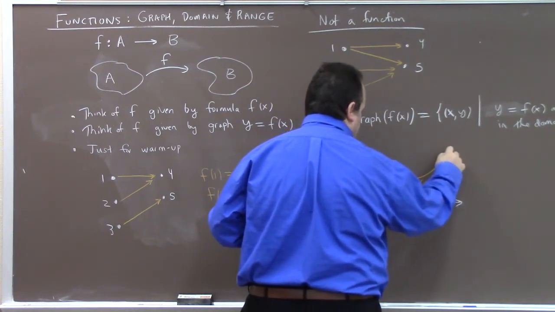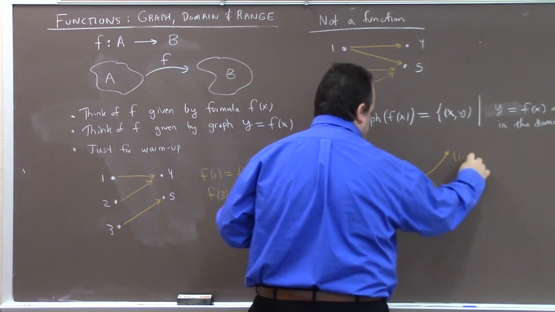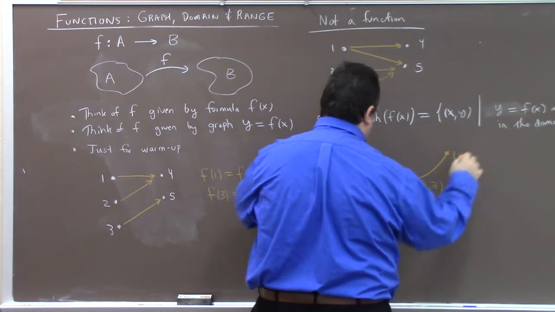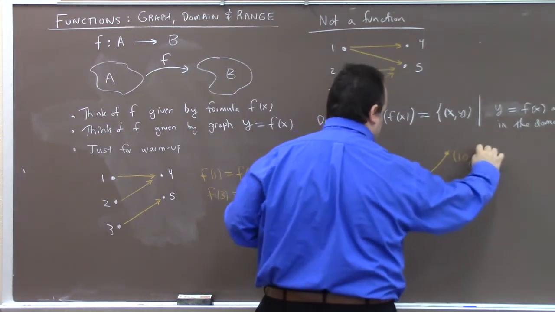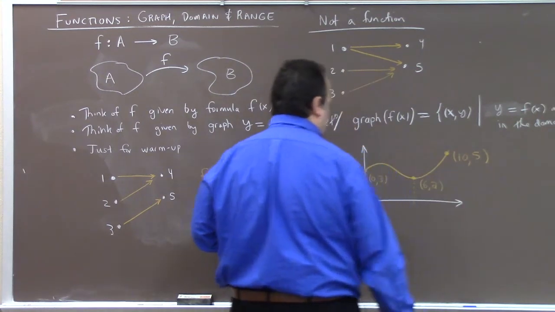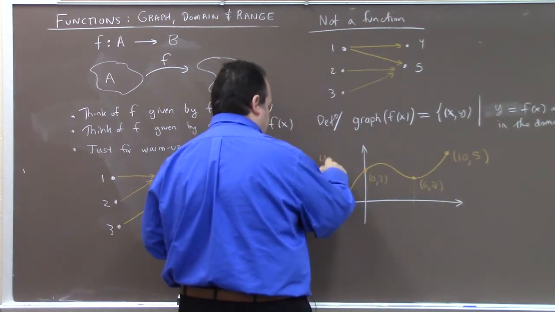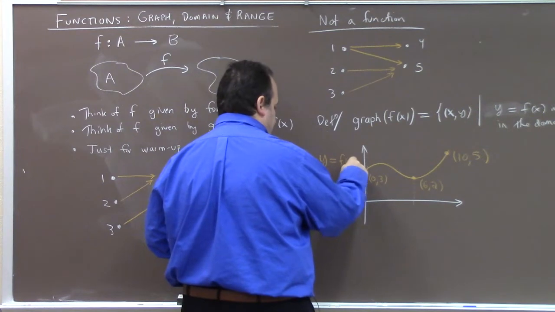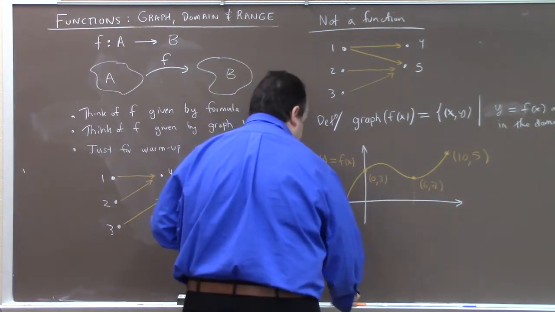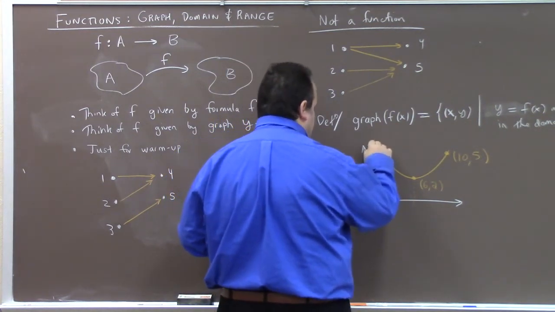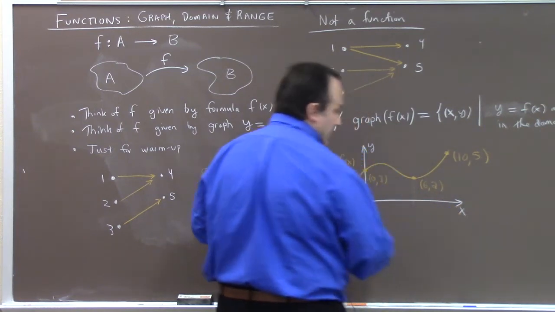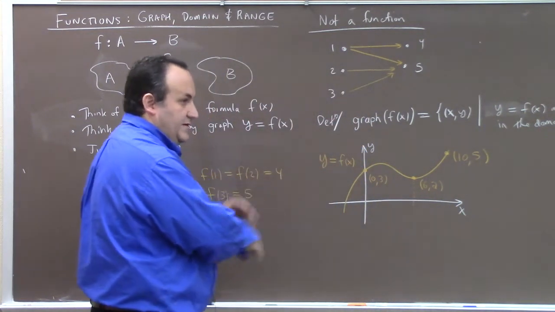And over here, you've got (10, 5) maybe. Right, and we're given y equals f of x, right? My point to you here is I don't know what the formula is for the function, but I'm given this graph of the function.